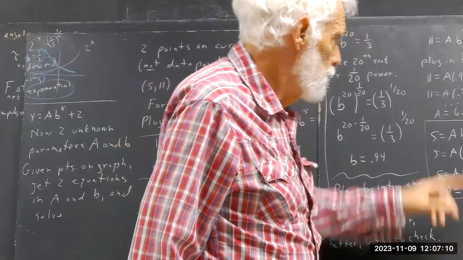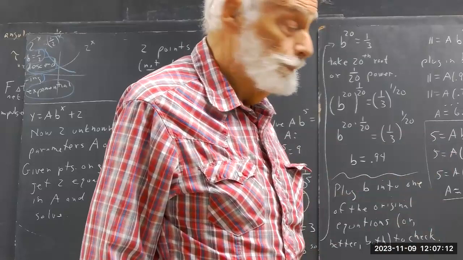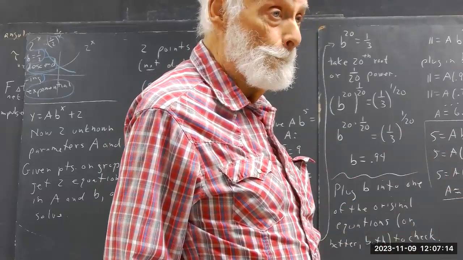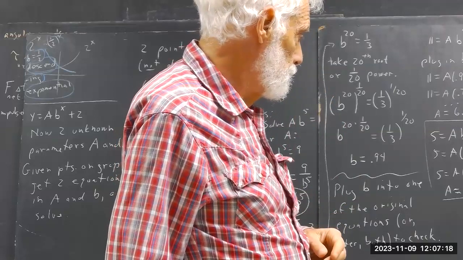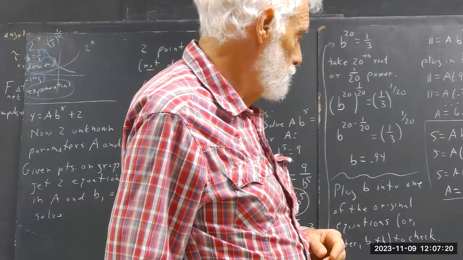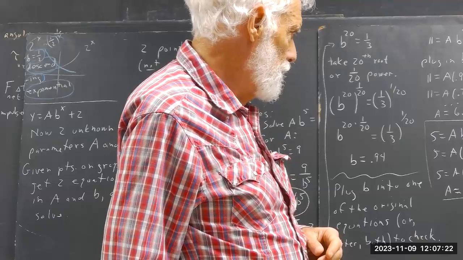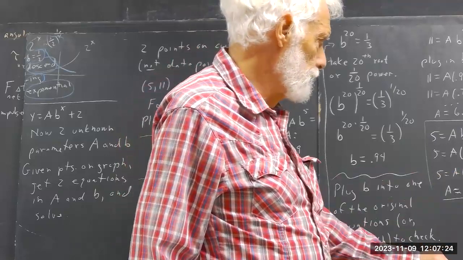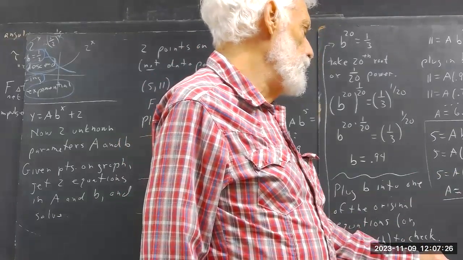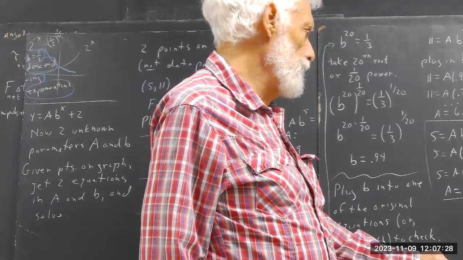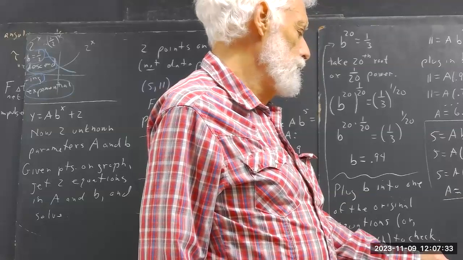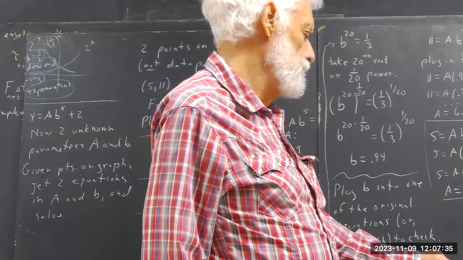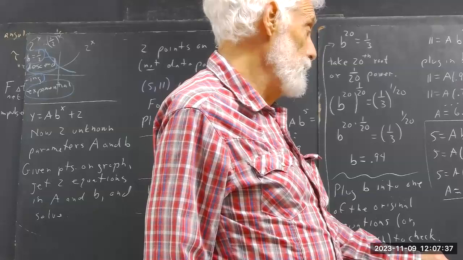If you plug into the second equation with 0.94, I don't think that's a very good approximation. 0.94 squared ought to be about that, and that'd be pretty low.